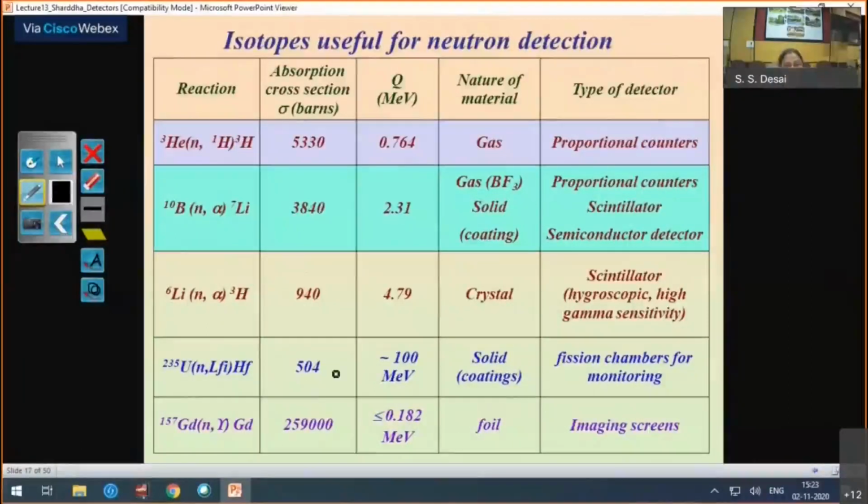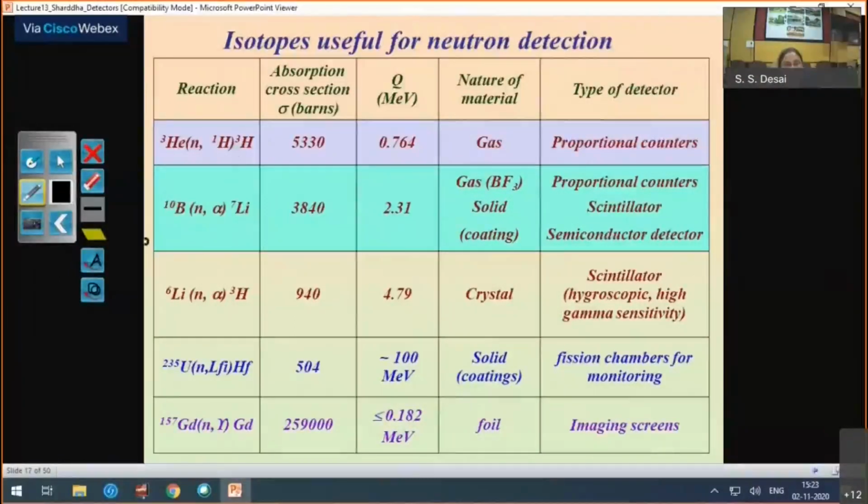So now coming to the neutron, as you must have studied before, it doesn't interact with all atoms. Being a neutral particle, it can pass through even meters of stainless steel without interacting. So there are very few isotopes where the neutron has a nuclear reaction, and using this nuclear reaction we can detect them.